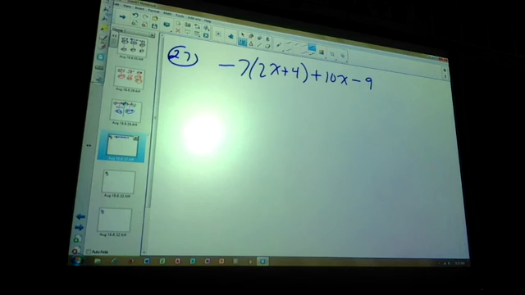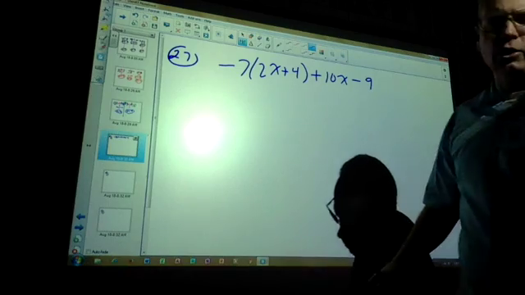Are we solving for the letter? No, I'm distributing, but am I solving? No. How do you know? What am I missing? Good. Did you hear that? Say it loud. You're missing an equal sign. There's not an equal sign, so you're not solving it. Equal sign says, hey, solve. Non-equal sign, combine like terms.